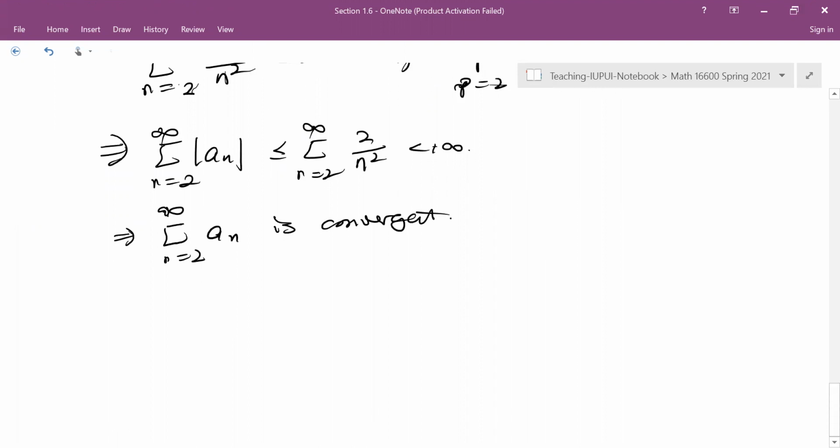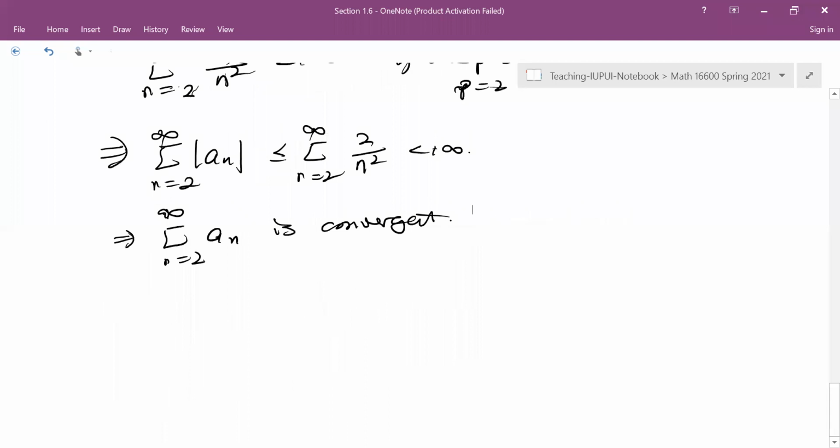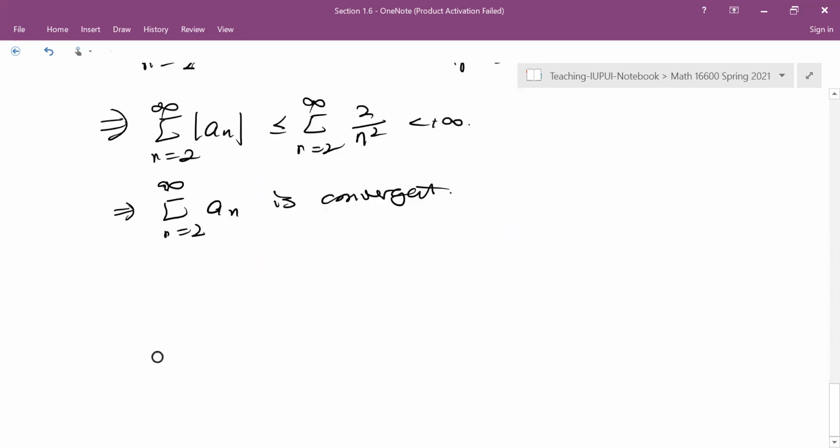Now it is possible that the series is convergent, but it's not absolutely convergent. The absolute value of all the terms, added together, may be infinity. In that case, we can say that it's only conditionally convergent. So there's a difference here.